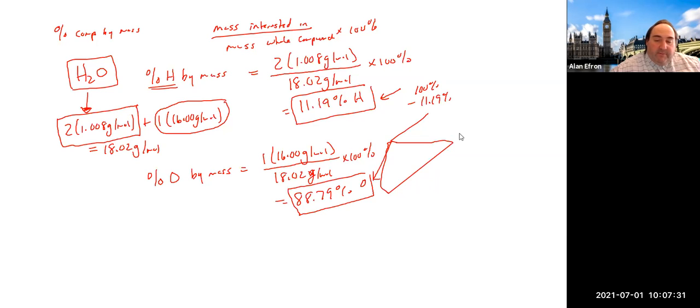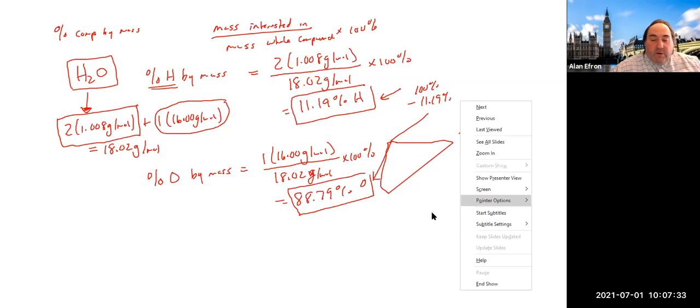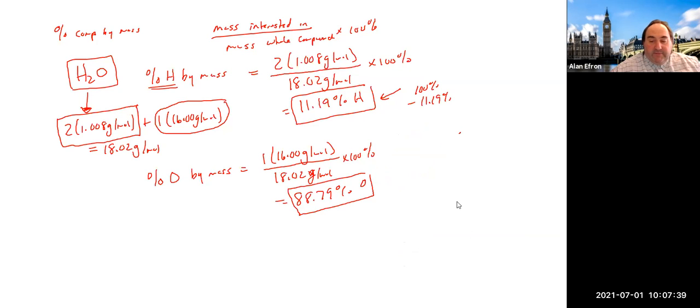We could end up with our percentage by subtracting it. When we add those percentages together, it should come out to around 100%. Maybe a little bit different with rounding and stuff like that, but it should be in the 100% ballpark.